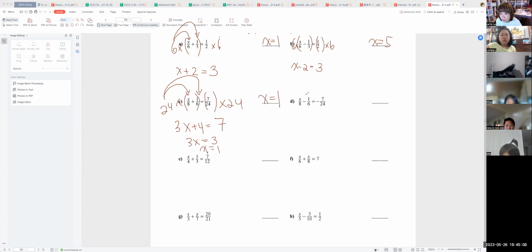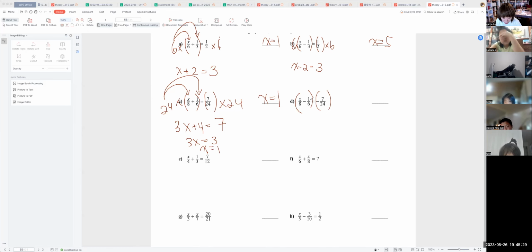Okay, so now, Ollie, can you tell me which number you're going to times both left side and right side? Ollie, can you hear me?